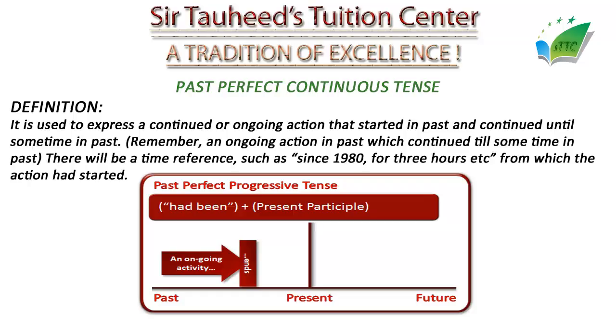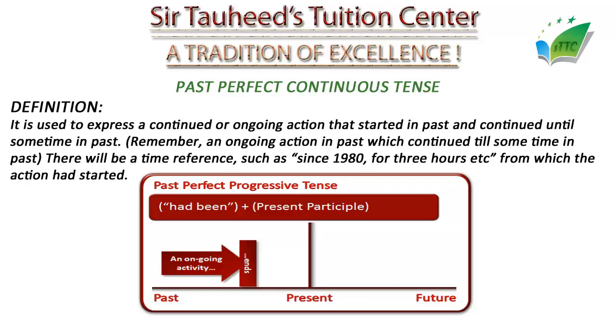It is used to express continued or ongoing actions that started in the past and continued until some time in the past. There will be a time reference such as since 1980 or for 3 hours, etc., from which the action had started.